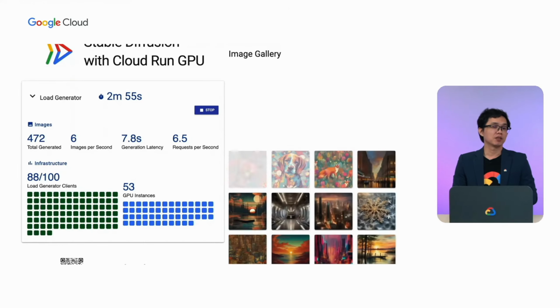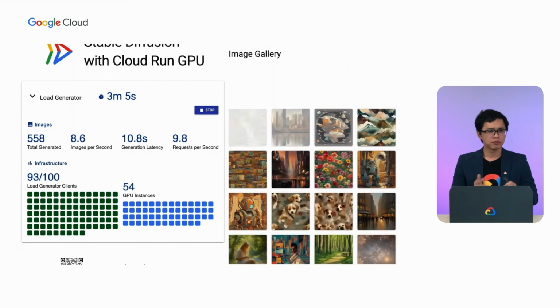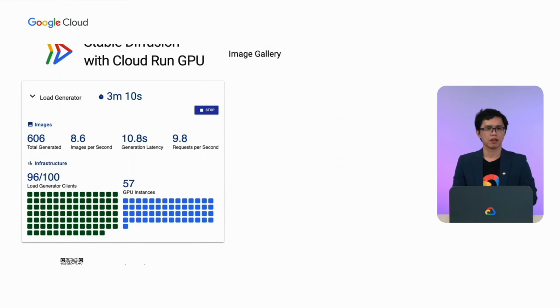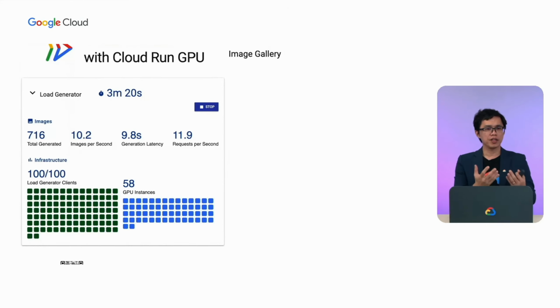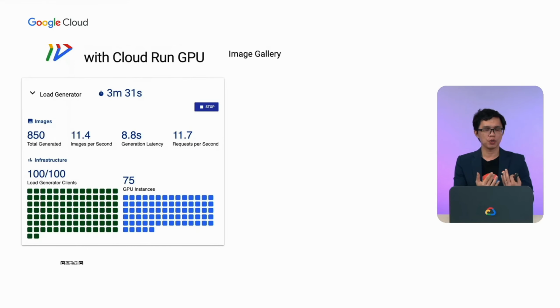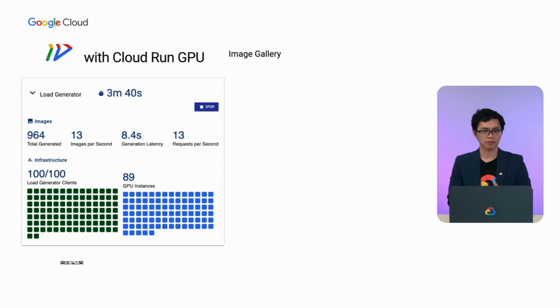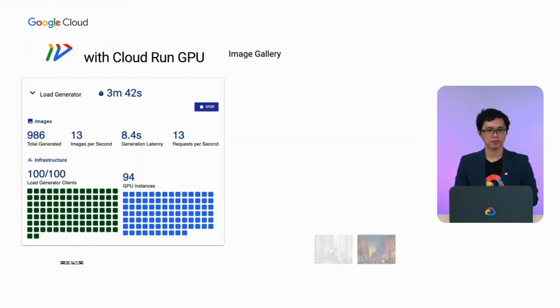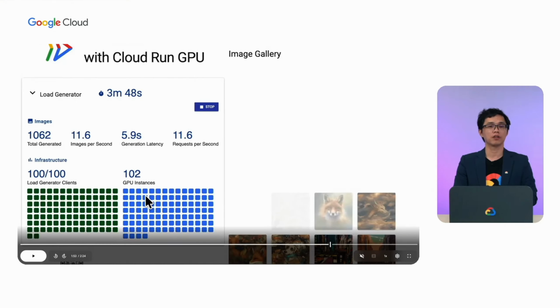In just a little bit, you'll see that in around 4 minutes, we are able to increase the number of instances from 0 to over 100. And then it crossed 100.